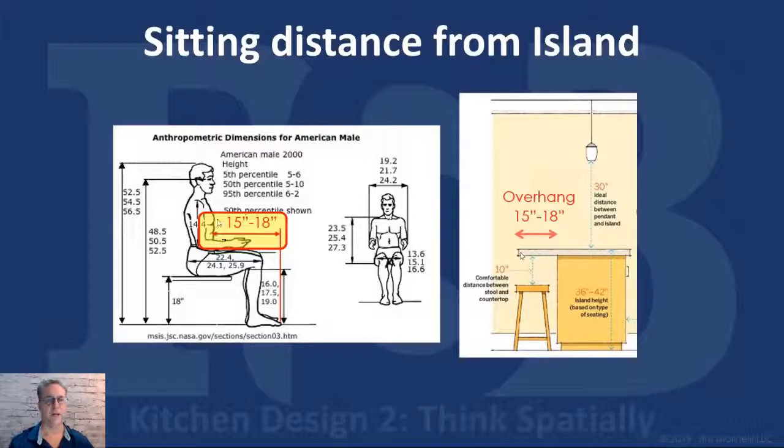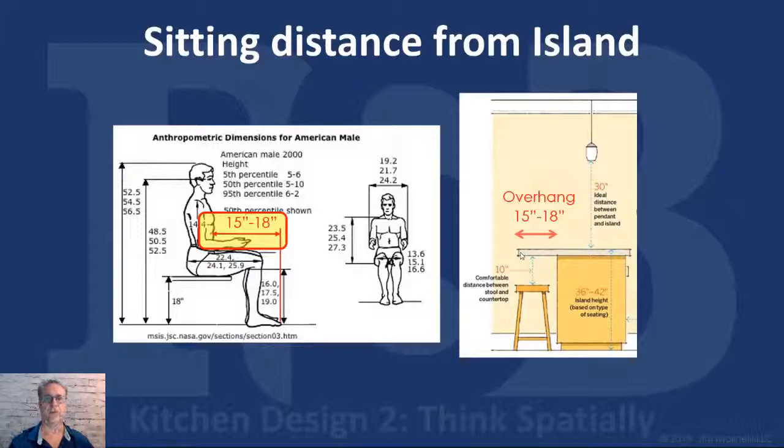And that's because the distance from the front of your chest to the wall underneath the cabinet is 15 to 18 inches. That's the size of a human being from the tip of his toe to the front of his torso. And if you're any further away than that, you're going to feel uncomfortable.